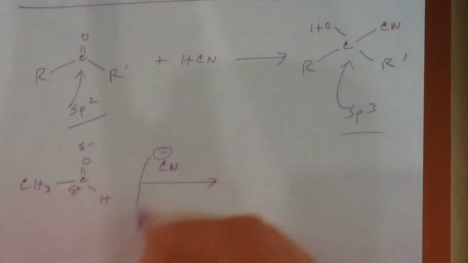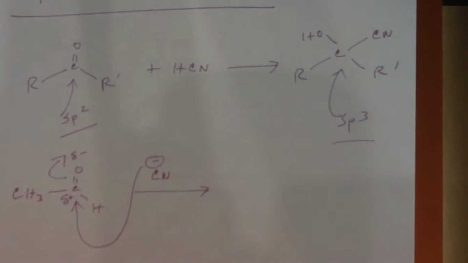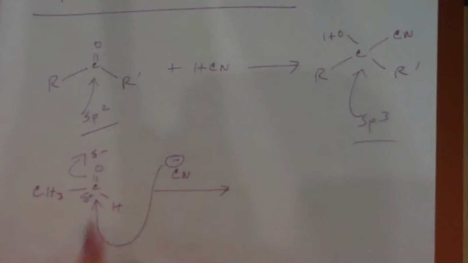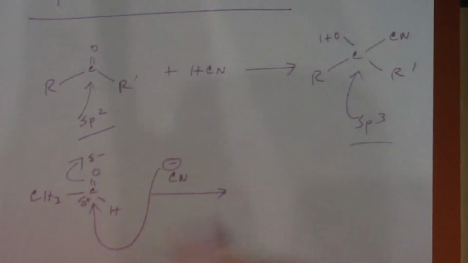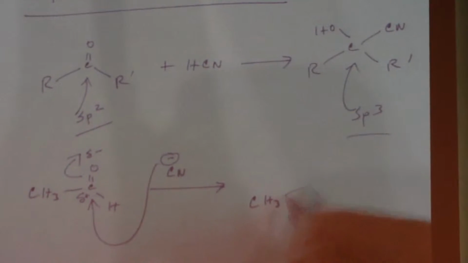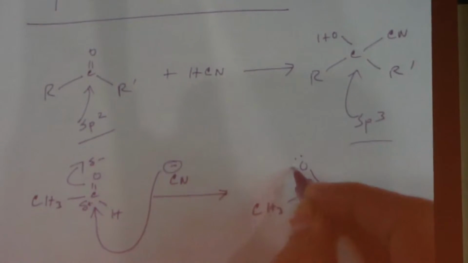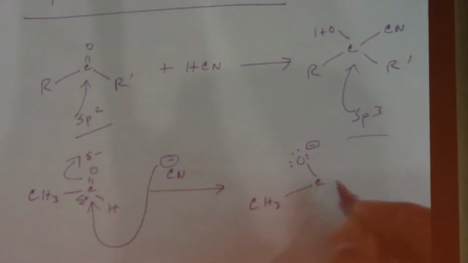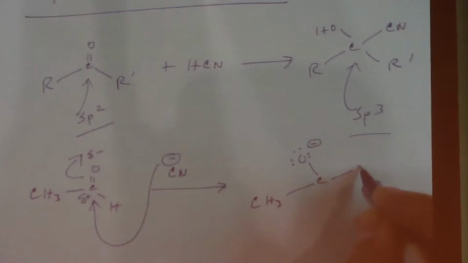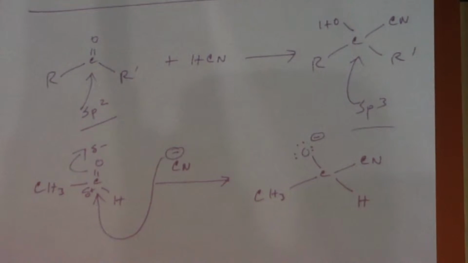Therefore, the cyanide attacks the carbon, forming the tetrahedral intermediate. So the hybridization changes from sp2 to sp3 in this state. So it changes to that.